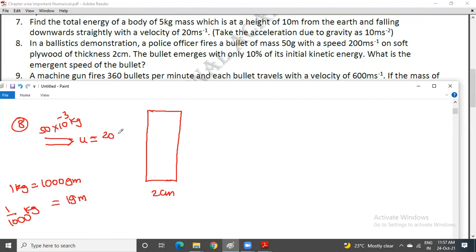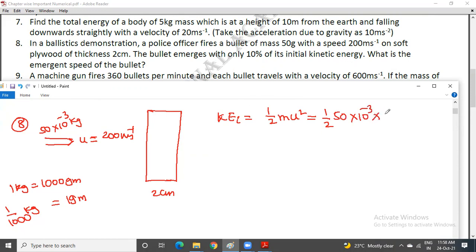200 meter per second. Now with this you can find out the initial kinetic energy with which it is striking the plywood. So kinetic energy initial is equal to half mu square. What is m? 50 into 10 to the power of minus 3 kg. Initial velocity they mentioned as 200.